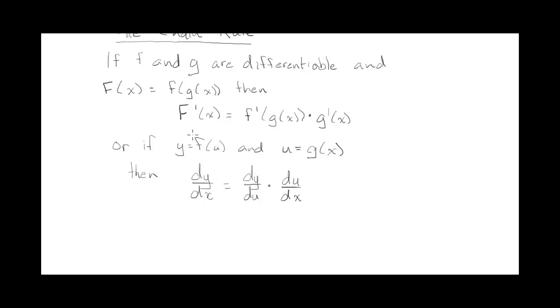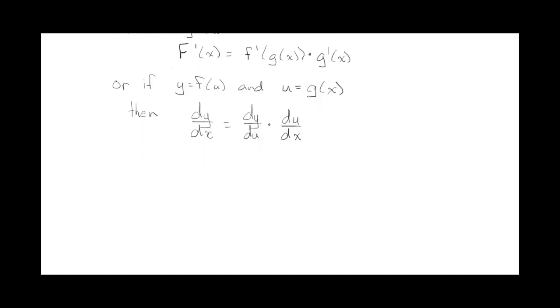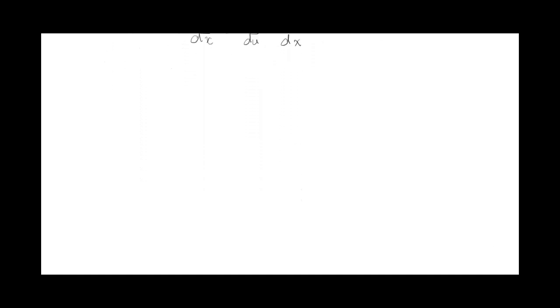So this would be dy by du, and this derivative would be du by dx. So you just multiply the two. This might be a little bit confusing if you don't see an example. So I'll do an example where we use these variables so you can see it separated like this.